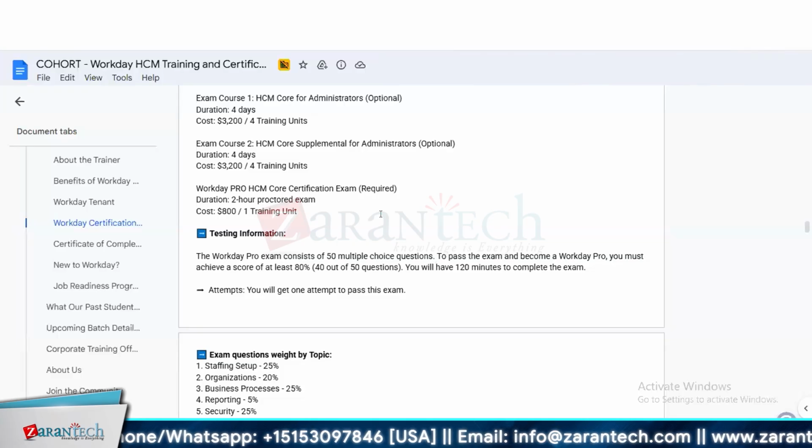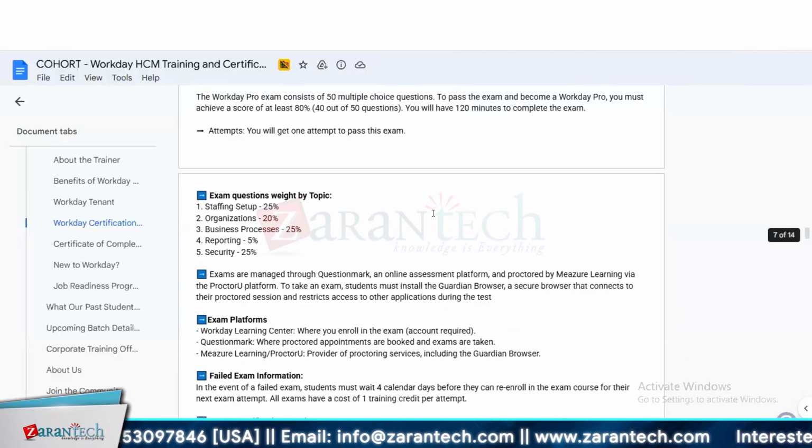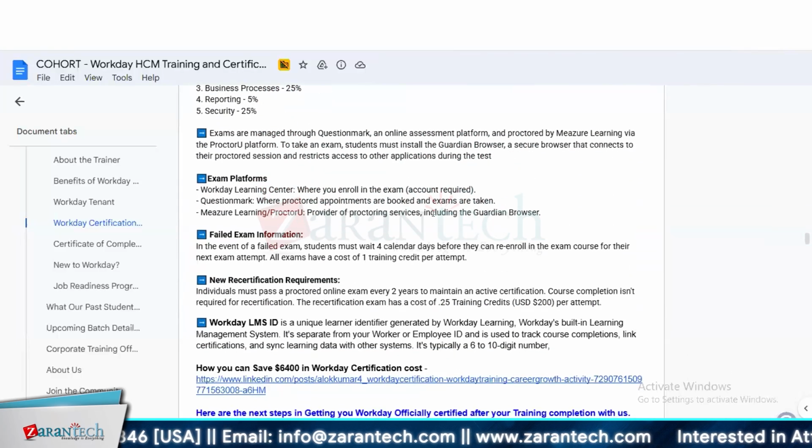One quick question. If you go a little bit further down, it says failed exam information, right? What does this mean? In the event of a failed exam, students must see. Basically, once you fail the exam, you have to wait 4 calendar days before they can re-enroll you in the exam course for the next attempt.